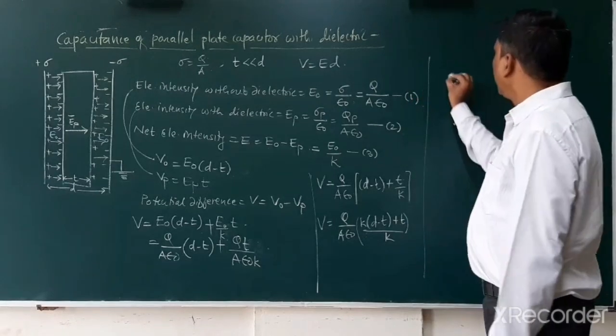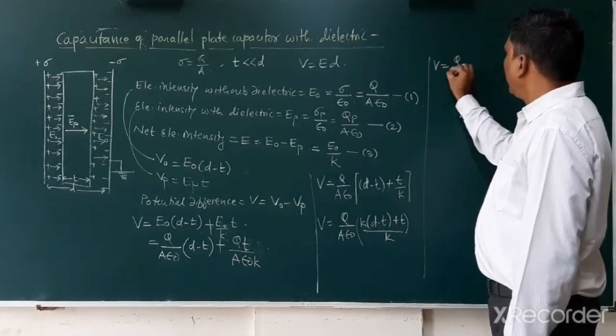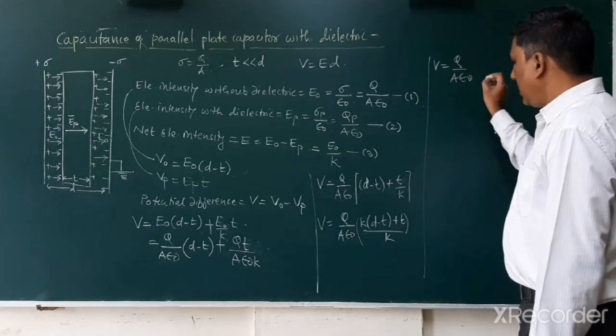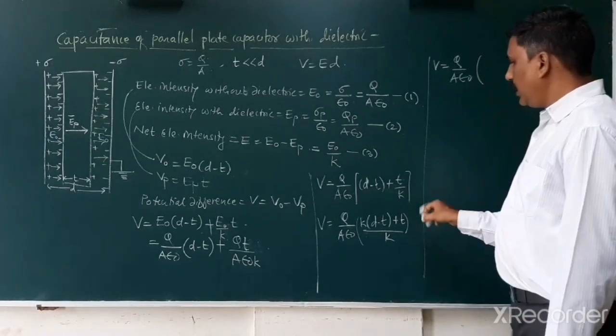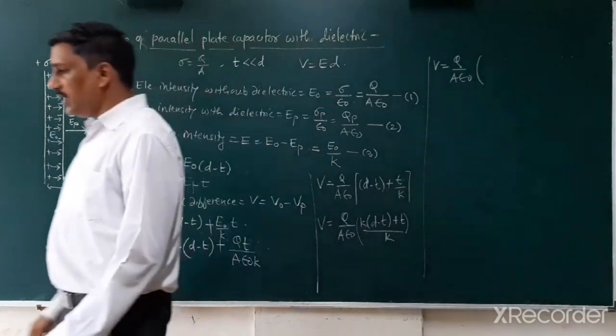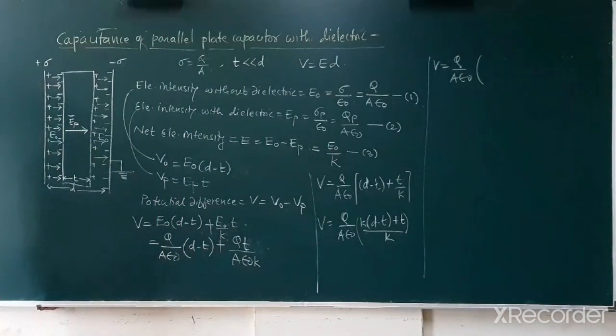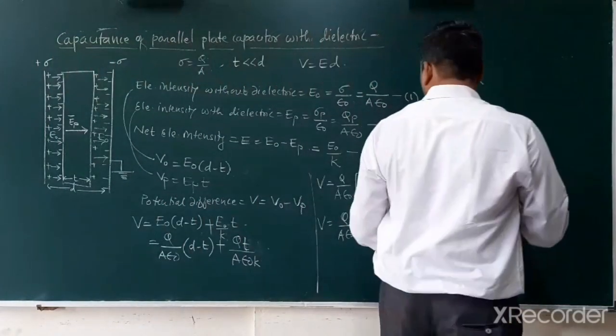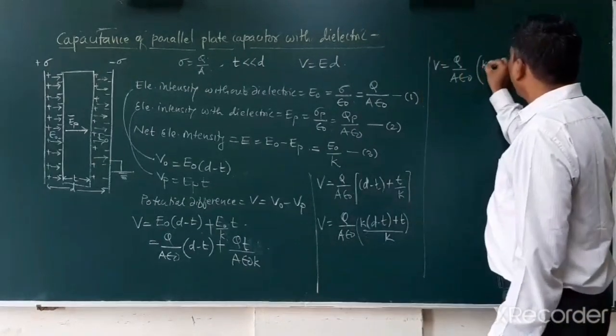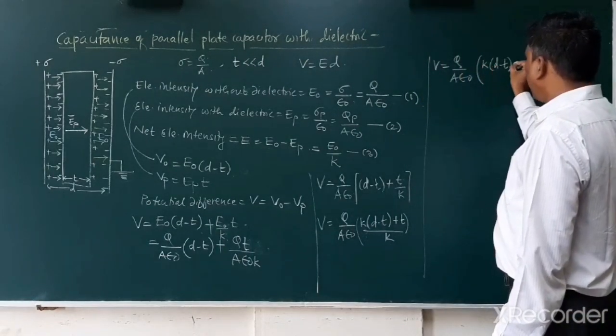So the next part here becomes V equals Q upon A epsilon 0, in bracket d minus t plus t by k. Now we are substituting here this Q. Always substitute directly, C equals Q by V.